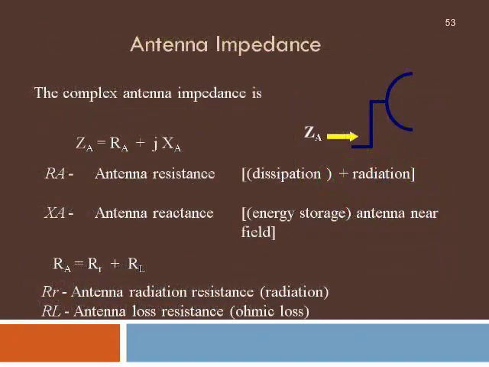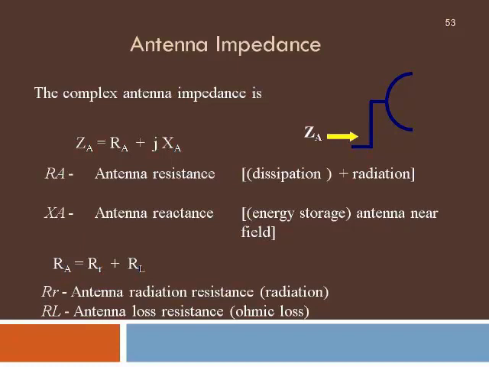Here we are going to see another important parameter of the antenna, which is antenna impedance. The complex antenna impedance is given by RA plus jXA. RA is the antenna resistance or simply the radiation resistance of the antenna, and XA is the reactance part of it, or the energy stored in the antenna field.